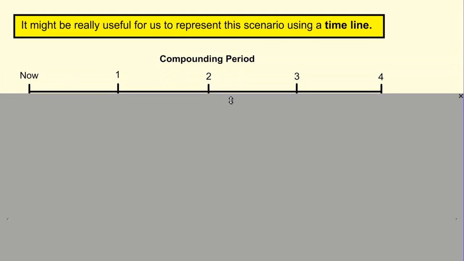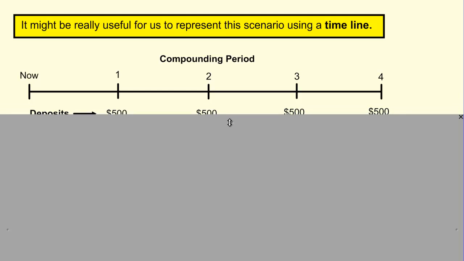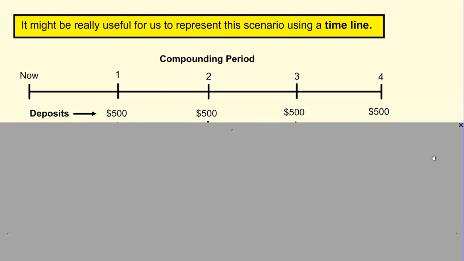We set up a line just like this. We put the number of compounding periods at the top of the line, right here, 1, 2, 3, and 4. And then we put where we are today. So we're right here on the timeline. 1 year from now, at the end of grade 9, he's going to deposit $500 into his account. 2 years from now, he's going to deposit another $500.